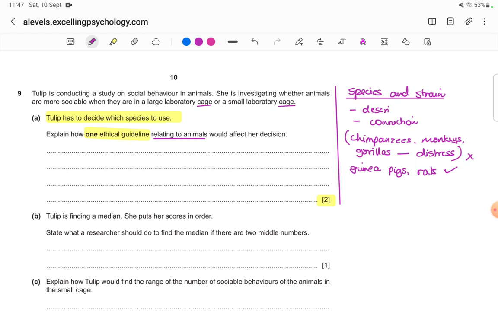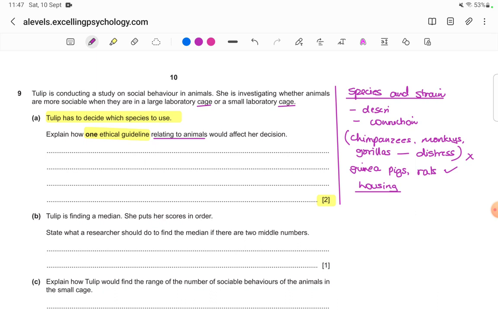Another guideline which I personally will not recommend, but which tends to fit in anywhere and which is pretty relevant here also, is housing. I would suggest this if you're the type of student who tends to get very confused and run out of ideas. You're writing the paper, say maybe in a rush to meet the deadline, and you can't really think of which guideline is particularly relevant in this case.